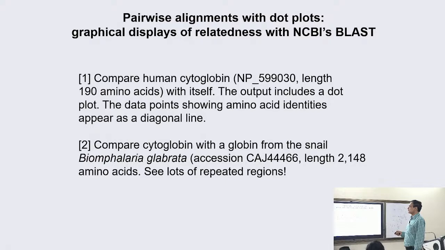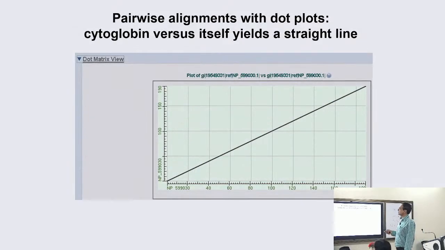The data points showing amino acid identities appear as a diagonal line. Then compare cytoglobin with a snail globin, accession number given, which has a length of 2148 amino acids.